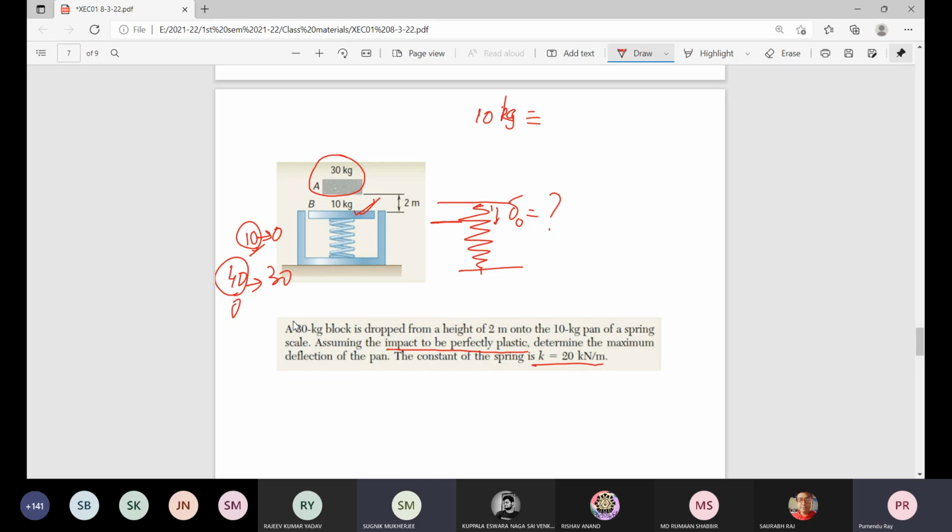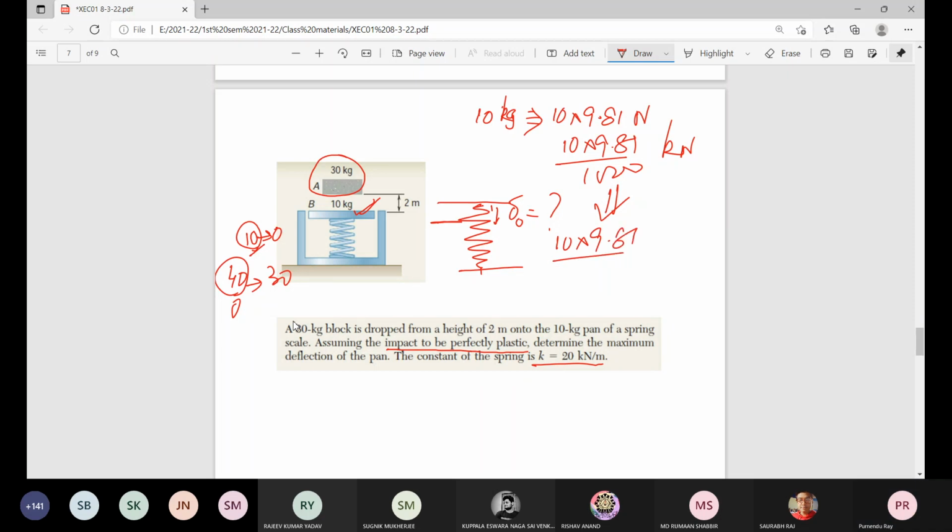It is equivalent to 10 g by 20,000, that is 10 multiplied by 9.81 divided by 1000 in kilonewton.